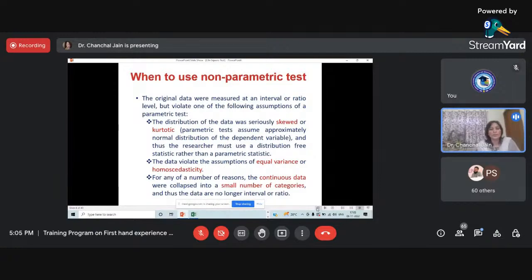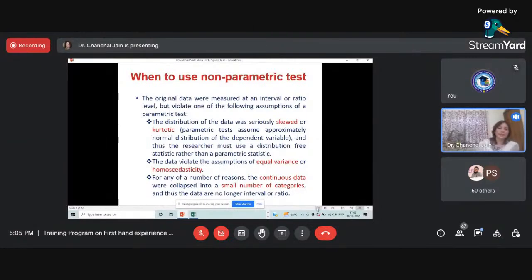So what can be the assumption for parametric test? If the distribution is seriously skewed or kurtotic, we will not go for the parametric test, and in place of it we will go for the non-parametric test.